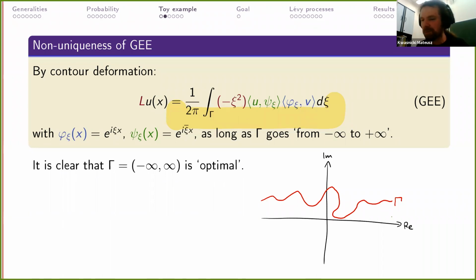So for example, this contour gamma fits perfectly the picture. And in this case, we get essentially the same generalized eigenfunction expansion. But this time we get different eigenfunctions and co-eigenfunctions. The eigenfunctions are given by the same expression. The co-eigenfunctions have a conjugate of xi in the exponent.